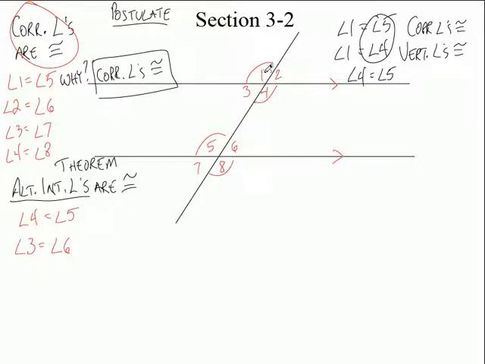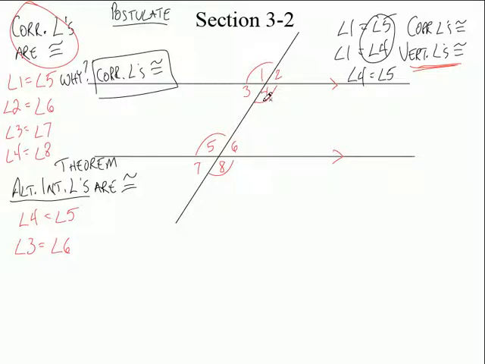So watch. 1 equals 4, right? Let's go through the reasons. Why does 1 equal 4? No, don't say all that stuff. Say this: vertical angles are congruent. That's all you got to say. Why does 1 equal 4?